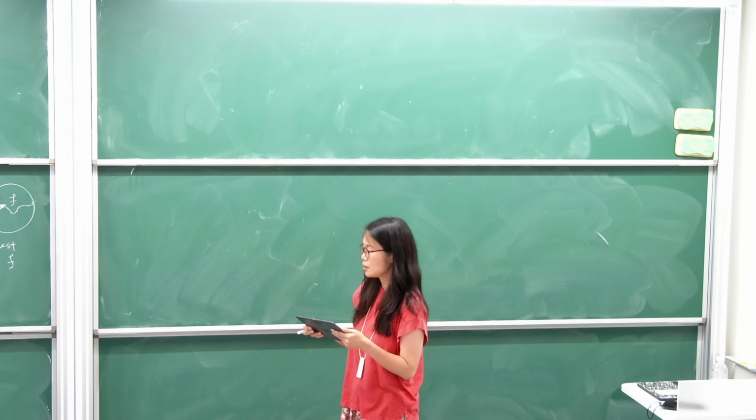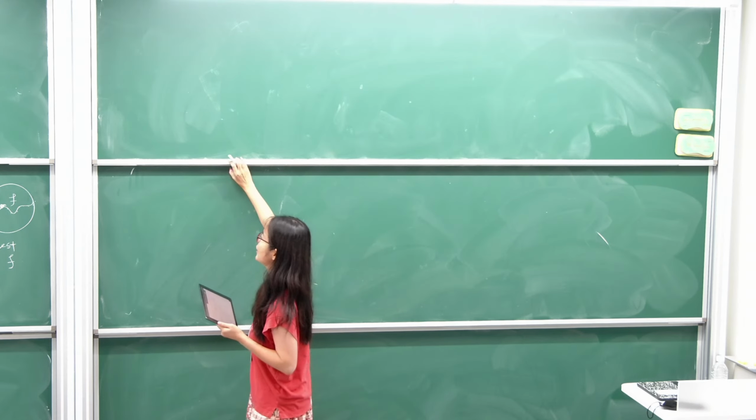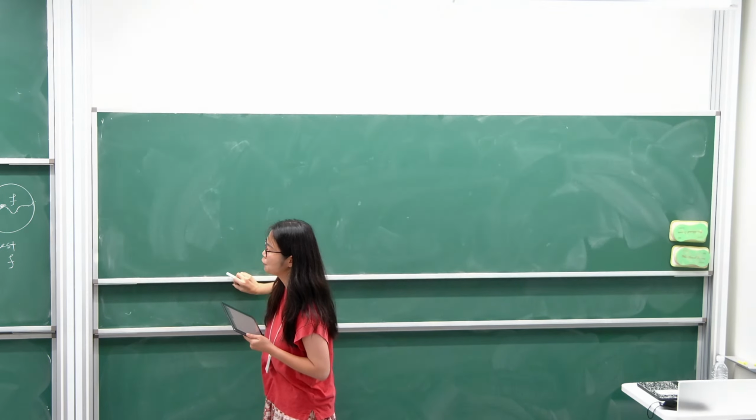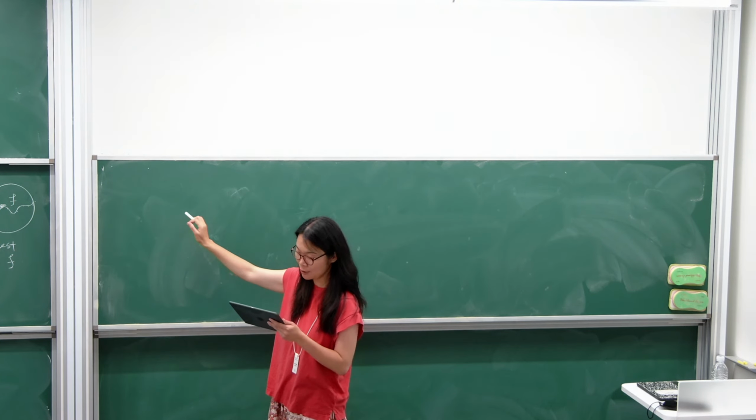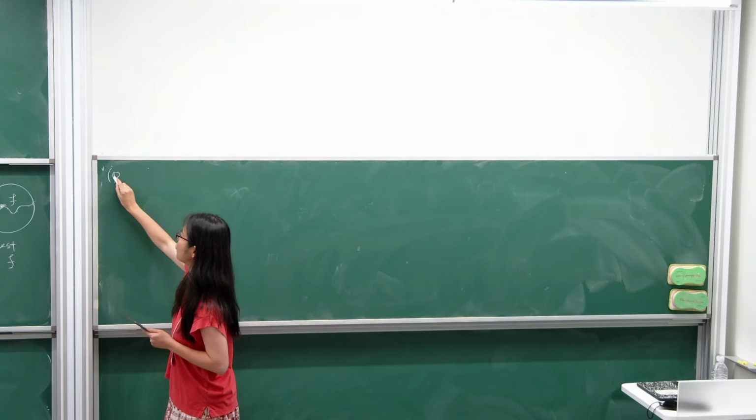So this is the statement of the Kahn-Kalai conjecture that we are going to prove. What we are actually going to prove today is a reformulation of this theorem. So let me give you another statement.